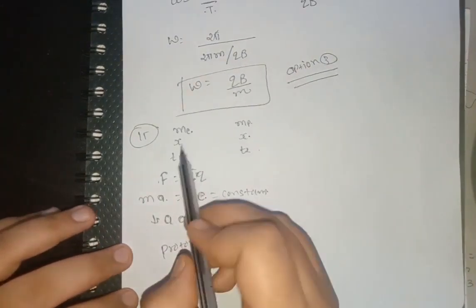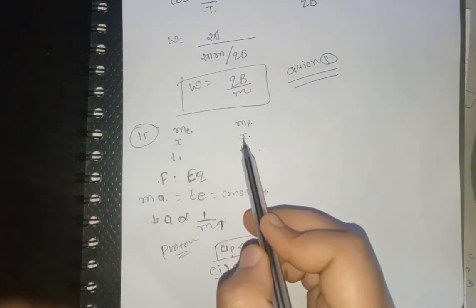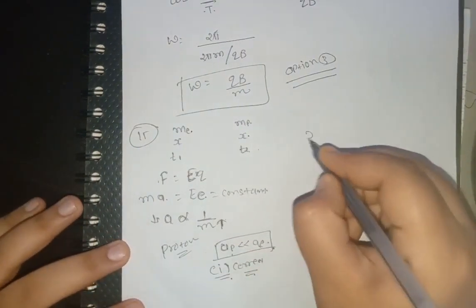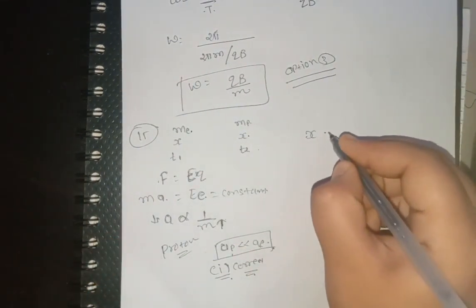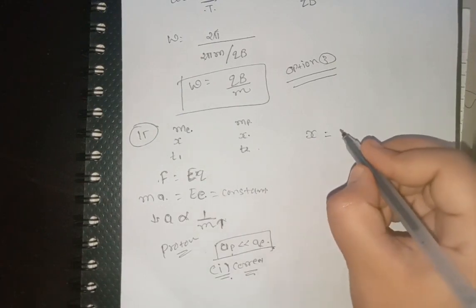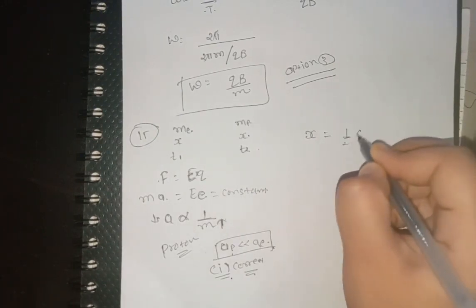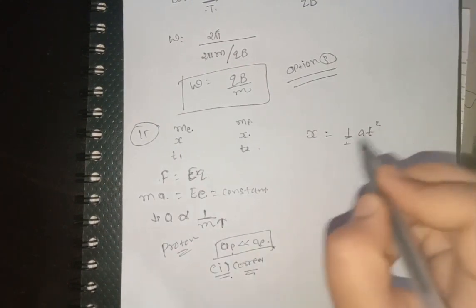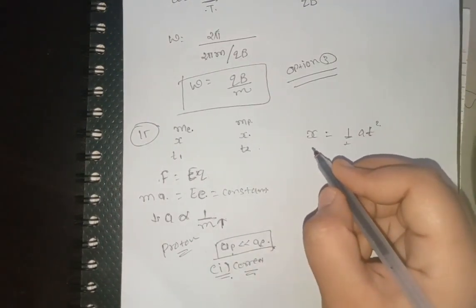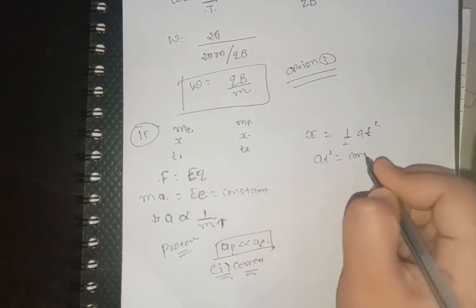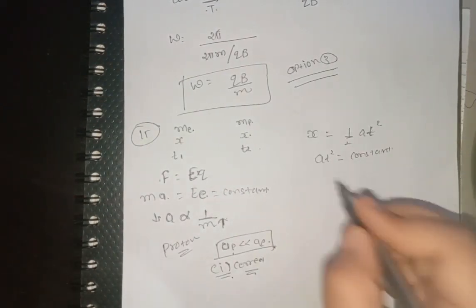Now they are moving a certain distance x with uniform acceleration a. We can use the second equation of motion. x is equal to, they both start from rest, so u will be 0, half a t square. As the distance traveled by both of them is the same, we can say a t square is equal to a constant.